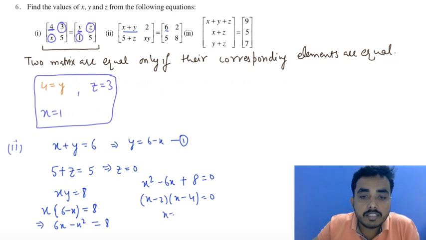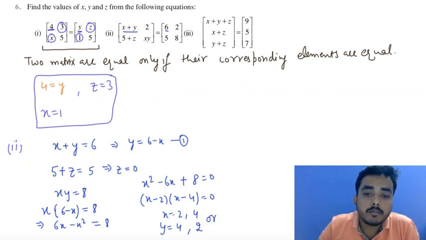So either x equals to 2 or x equals to 4. Now if x is equals to 2, y will become 4. So corresponding to x equals to 2, y is equals to 4, and corresponding to the value of x equals to 4, y will become 2. So this is the case possible. If x is 2, y will be 4, and if x is 4, y will be 2.